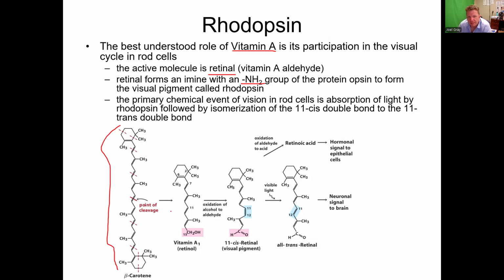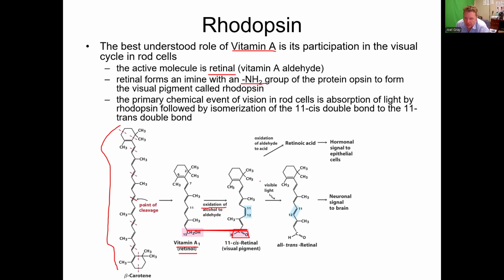Your body is going to process that beta carotene and split it right here into two vitamin A molecules known as retinol. That retinol is going to be oxidized to an aldehyde, so that alcohol is going to be converted into this aldehyde. It's also going to be oxidized, and you're going to get a double bond here, or it's going to transition to the cis retinal.